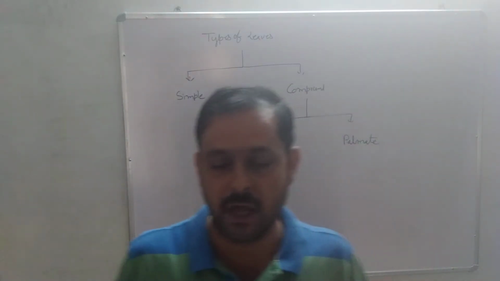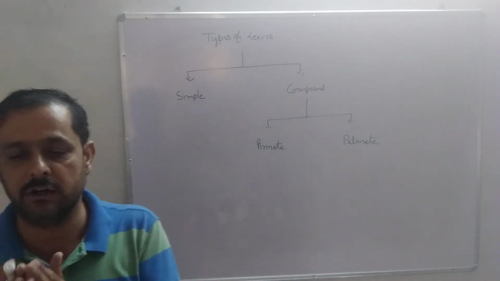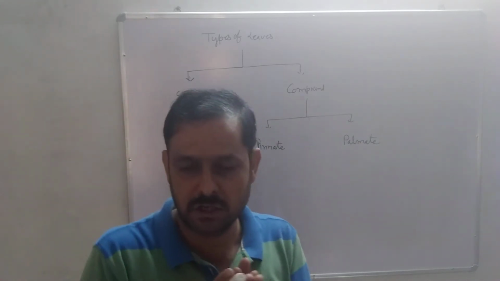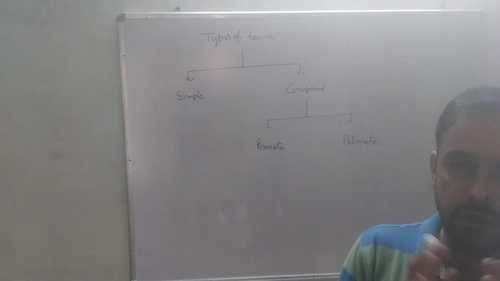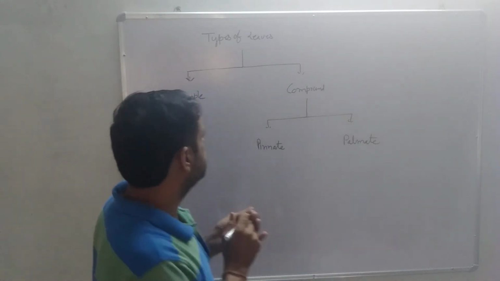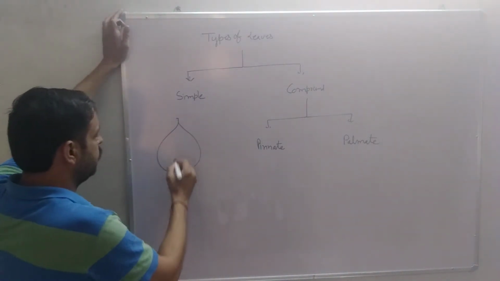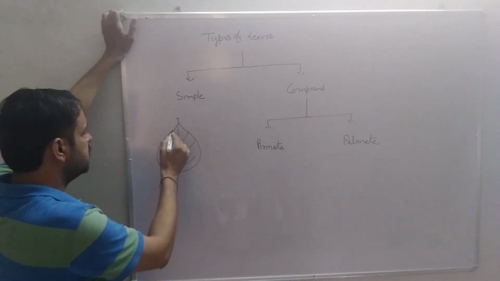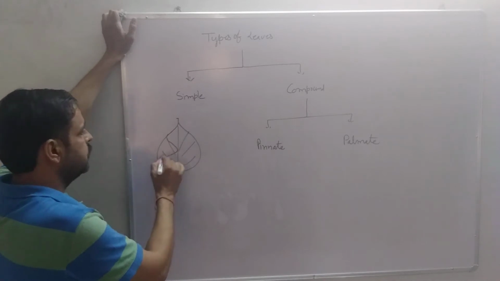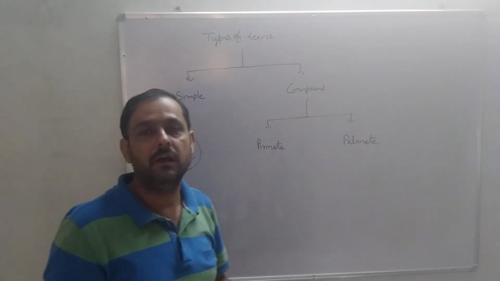The leaf should have a single lamina, and however deep the indentations or incisions may be, they should not touch the midrib. Whenever the lamina does not touch the midrib, it is called a simple leaf.